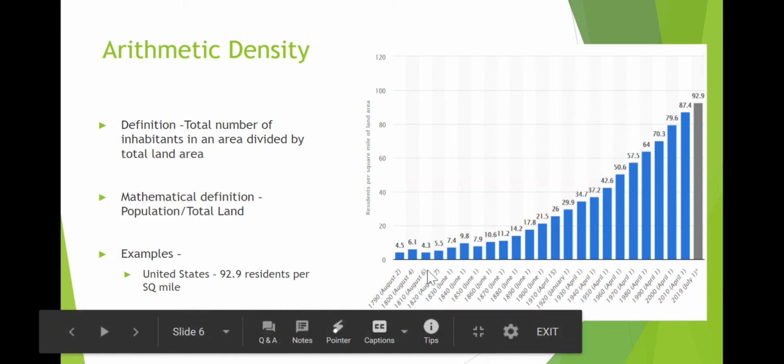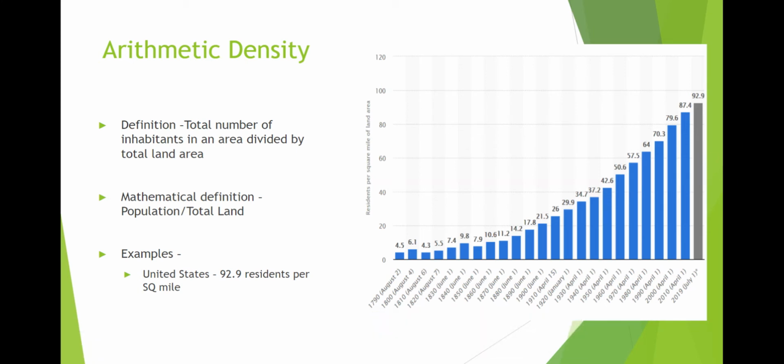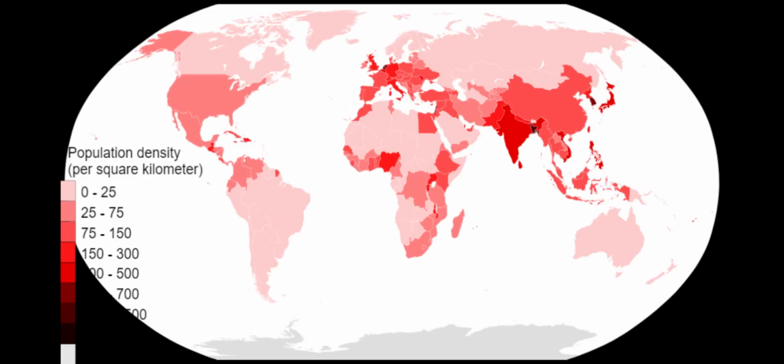So this is the United States in its infancy, 4.5. And this is what the United States looks roughly like today, where we have about 92.9 residents per square mile. So you take the total number of people and you divide it by the total amount of land, and you get arithmetic density.